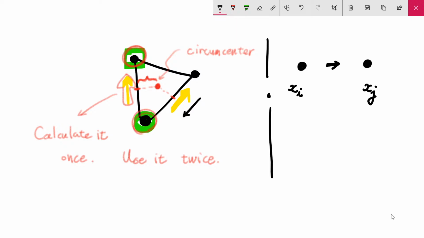Since this concept is quite confusing to newcomers, I wanted to repeat it once again. Sometimes students ask how they can set xi and xj, whether this should be xi or this should be xi. As I told you before, there is no preferred way of setting which one is the i node and which one is the j node. That is really arbitrary.